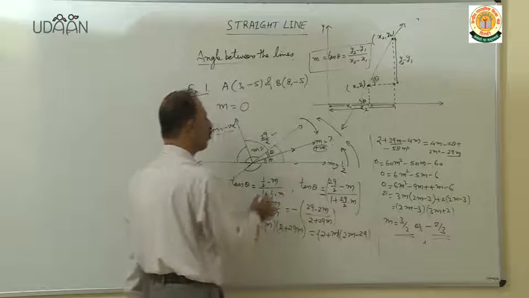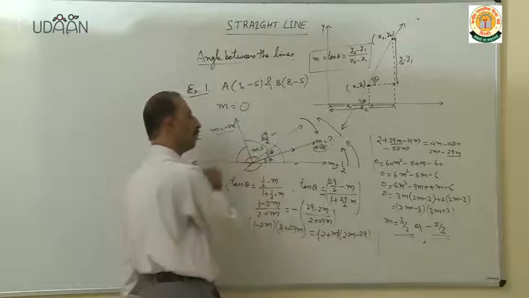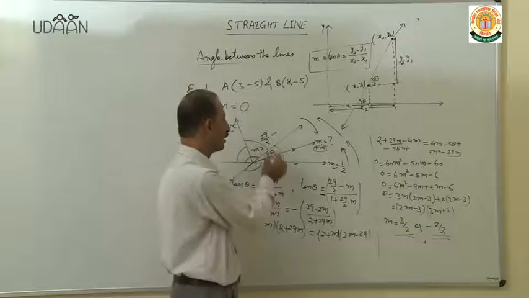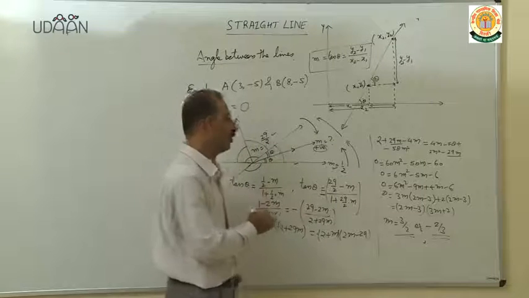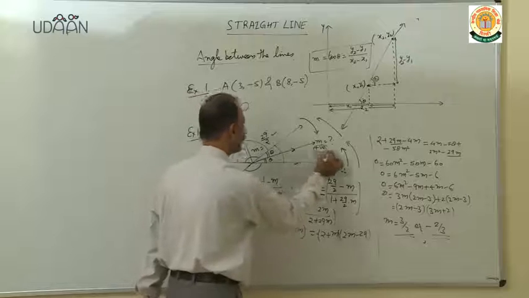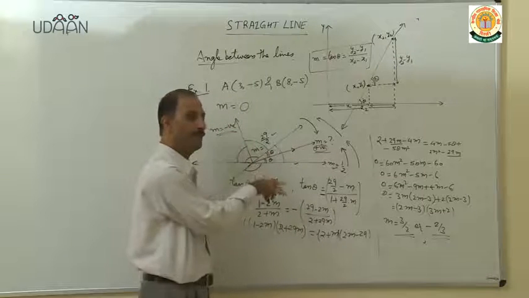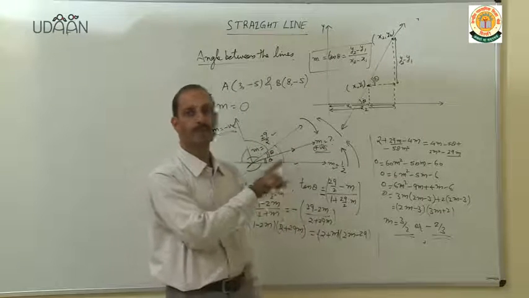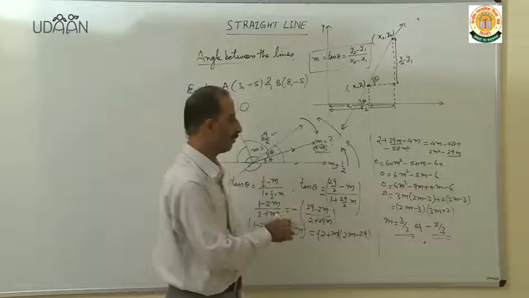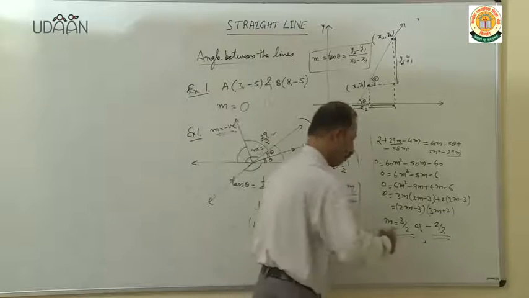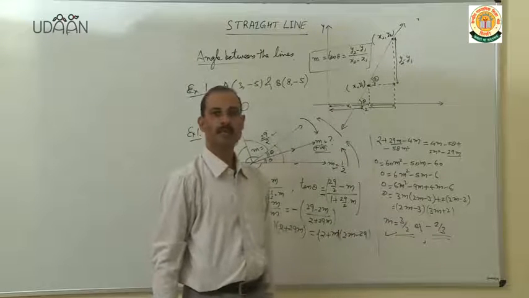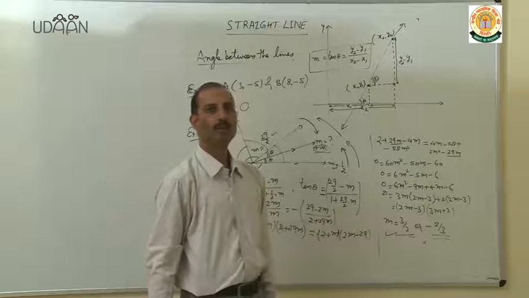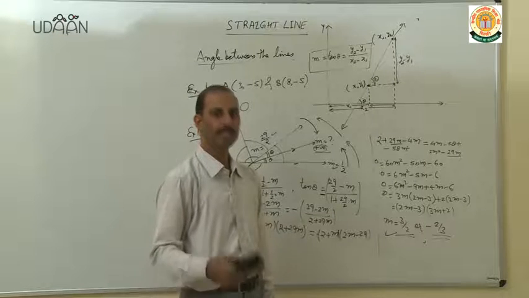So you must know which angle we are bisecting, which line is equally inclined to both lines. So you have to be clear about that, when we have to take positive and when negative. Clear?